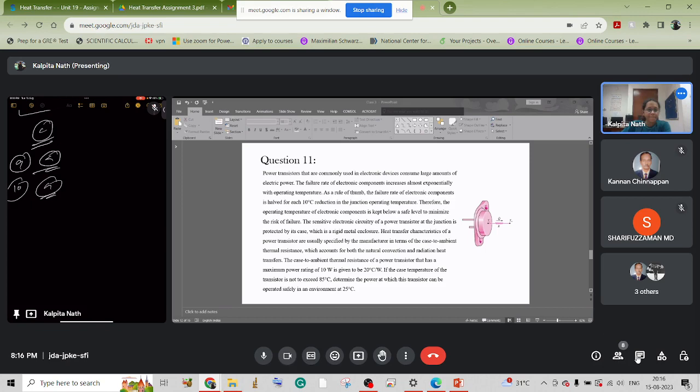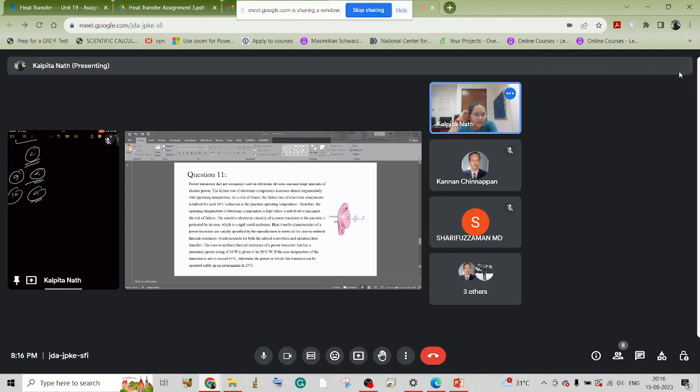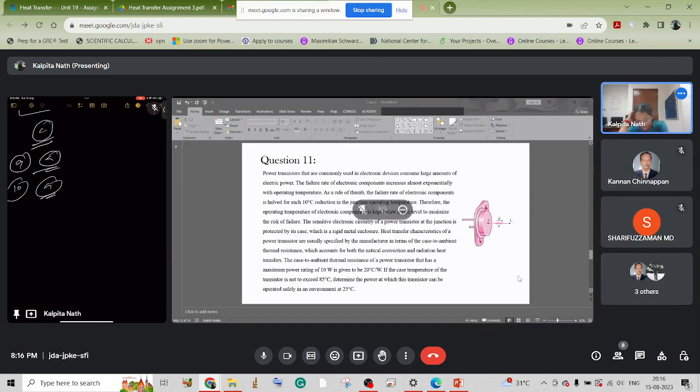Anyone have solved this? I can't see any answer. Can anyone tell me what is the power they have obtained? What will be the power that will be under the safety limit? Because the safety limit for temperature is already given.